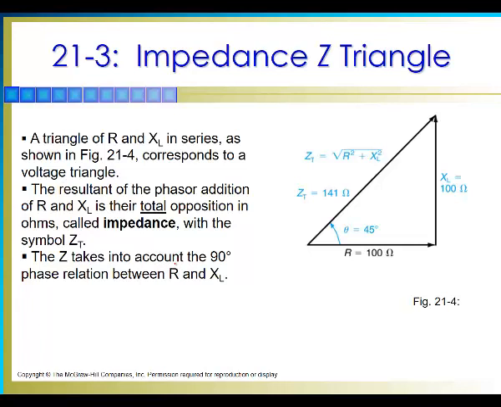So a general word for the total opposition to current would be the impedance, and it's represented with the letter Z. Okay, so the total impedance would be the square root of R squared plus XL squared. This is R, this is XL, so this right here is the sum of these two phasors, and that would be, in this case, 141 ohms.